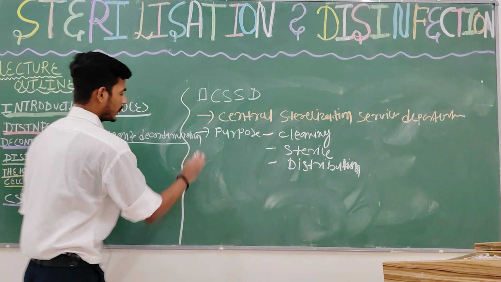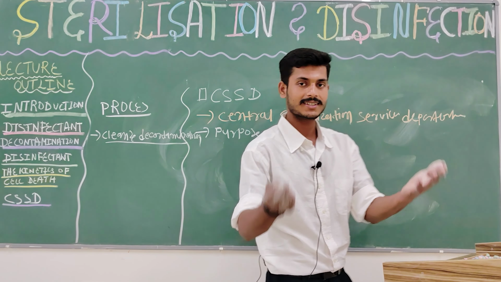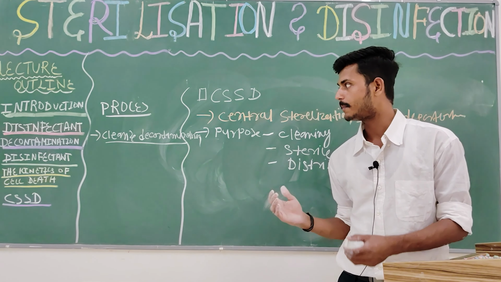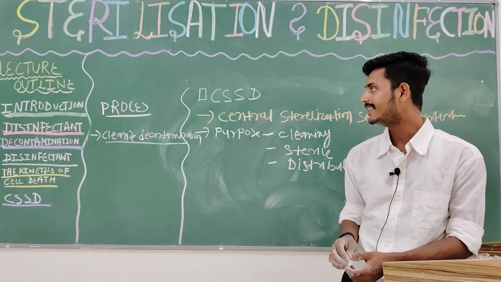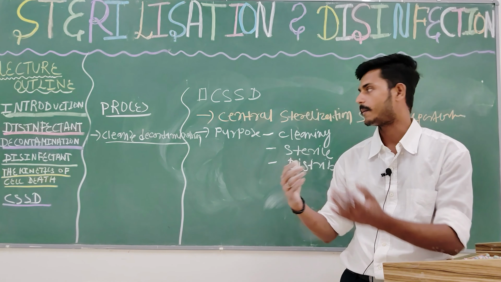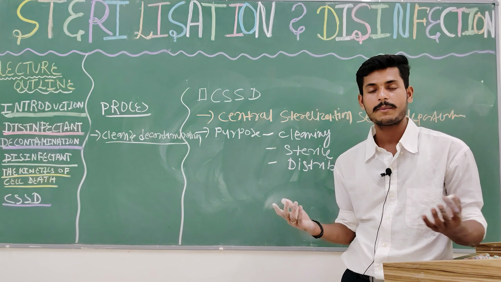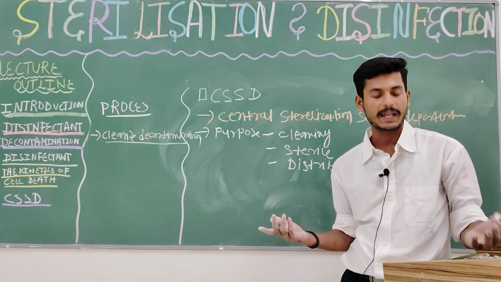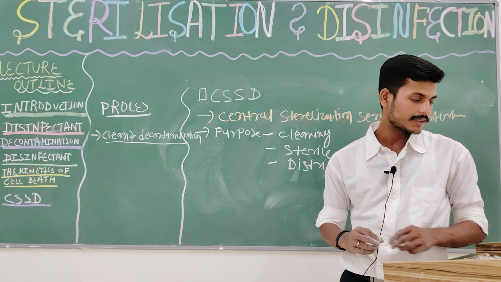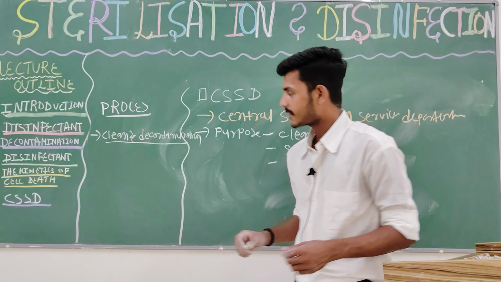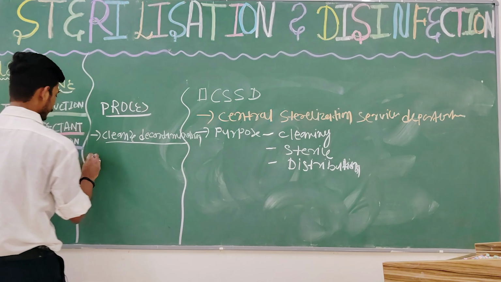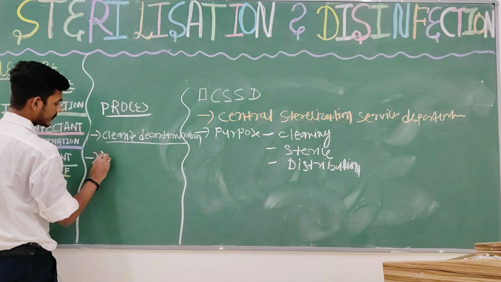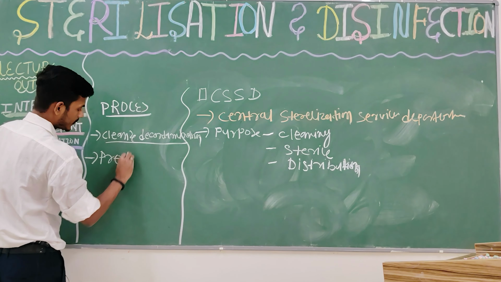Whenever things come into the CSSD department, the first step is to clean or decontaminate them. Decontamination is achieved through the use of chemicals, disinfectants. The next thing is preparation for sterilization.